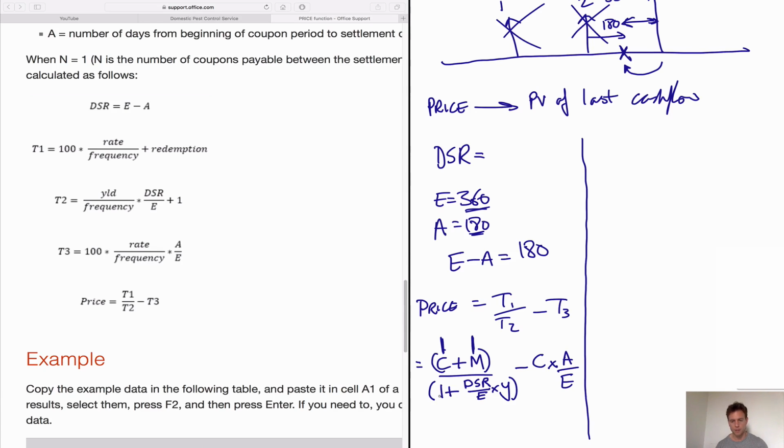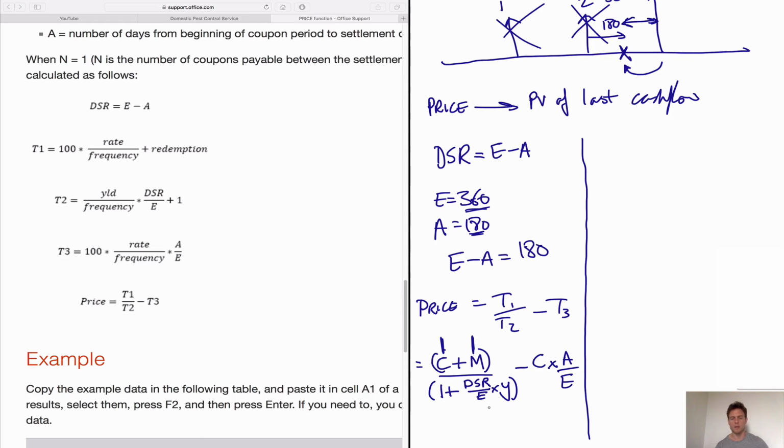And on the bottom you have 1 plus the DSR over E. DSR over E is E minus A, the number of days remaining in the period.